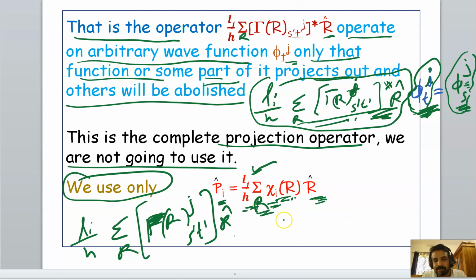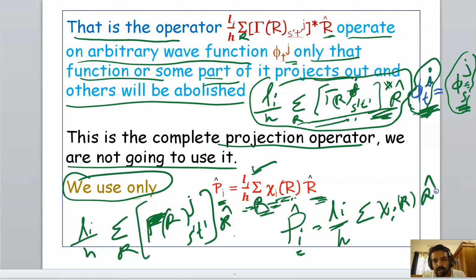So this is our projection operator, p cap I, the operator having the symmetry I, equal to Li divided by H, sigma chi I r, r cap.